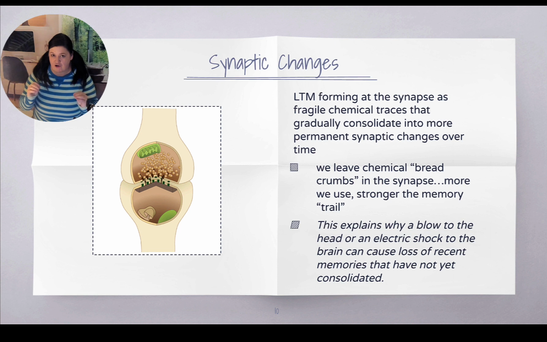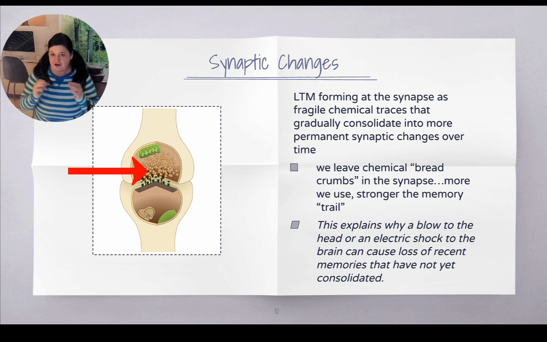The ones that we recall over and over again, if we keep going back to them, they get stronger and stronger and bigger and bigger. And when they're hooked up to the fMRI, brighter and brighter, right? So the idea here is that the more we use our brain, the more we use our neurons, or neurotransmitters, the stronger the little trail of the memory.